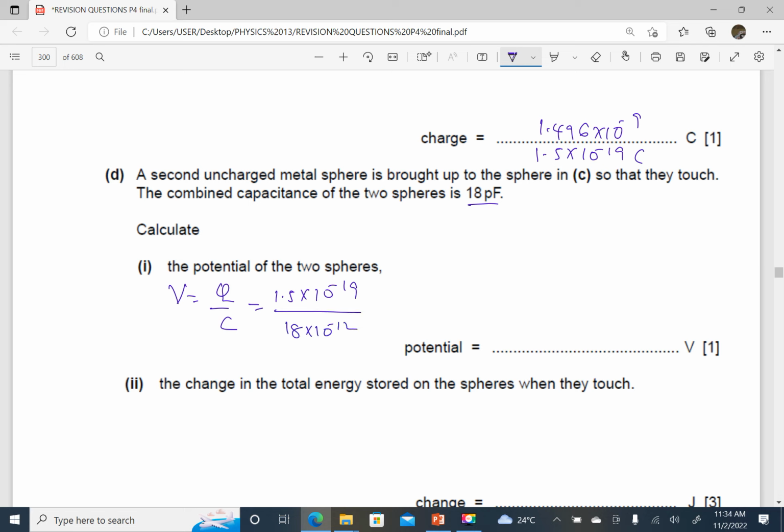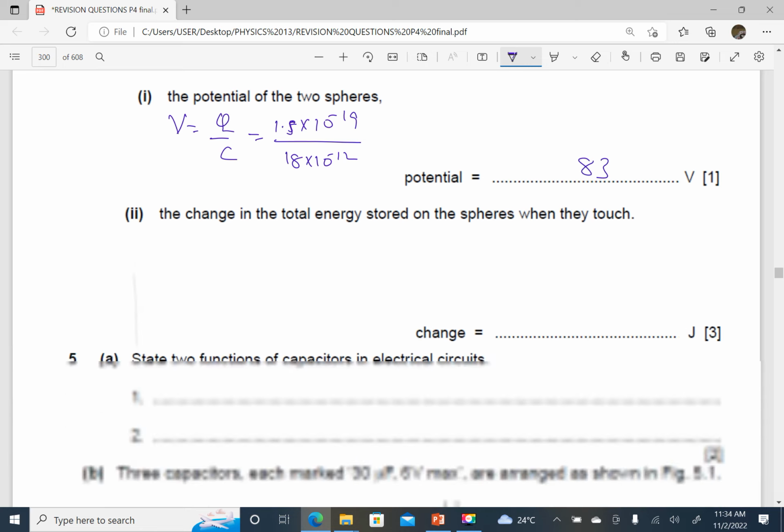So total charge is not violated. The total charge of the charged capacitor is what is shared with the second capacitor. So I press my calculator here. From my calculator, I get this as 83 to two significant figures.